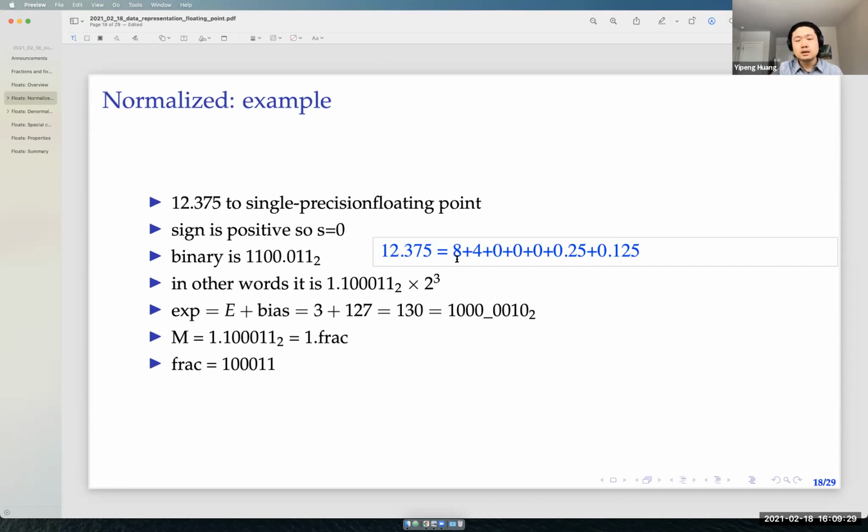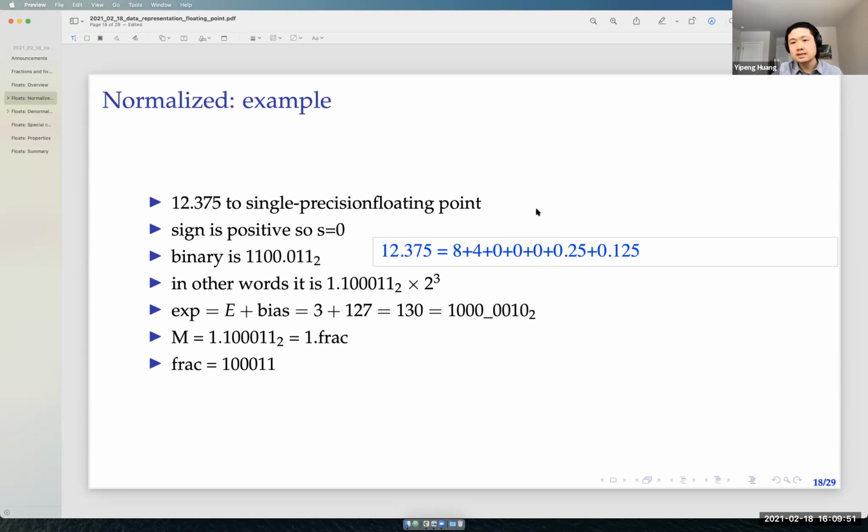I'm writing it in this equivalent form such that every number that I add is a power of 2, and they are powers of 2 in sequence. For numbers greater than 1, we have 1, 2, 4, and 8.